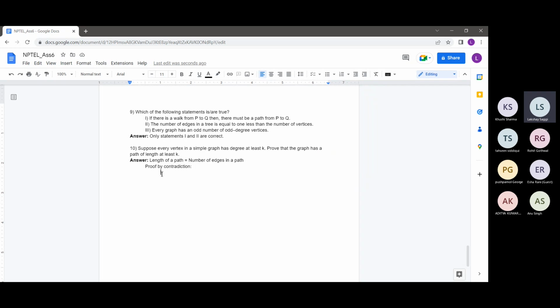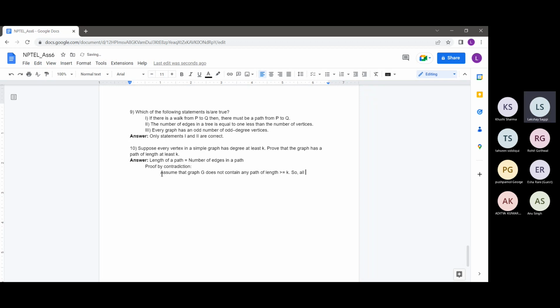So for using contradiction, we'll assume that the graph does not contain any path of length greater than or equal to k.